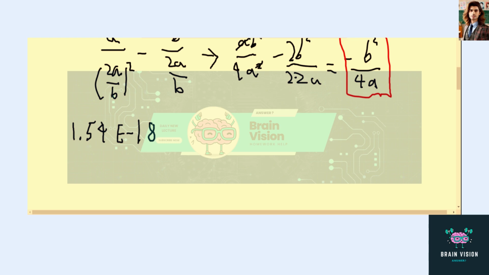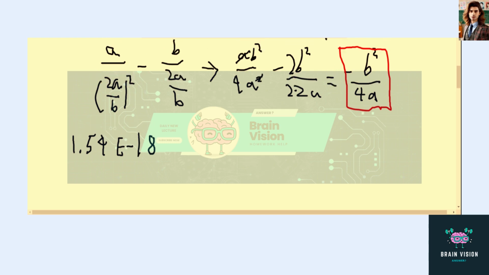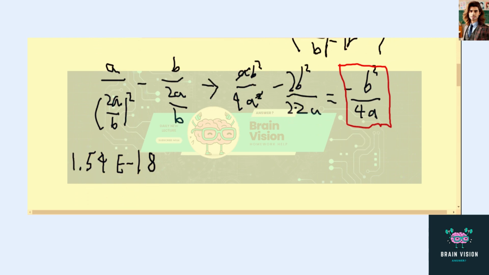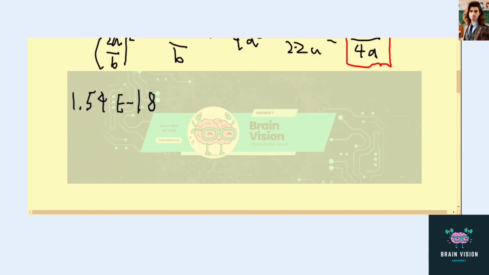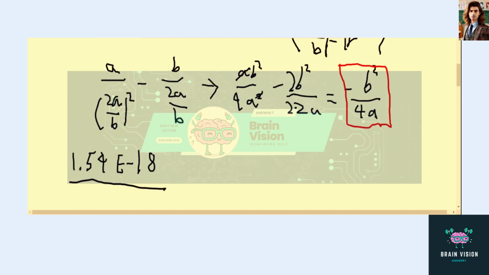So to prove our energy, we would have to use what we found earlier. If this is the energy that we need, we would have to plug it into our b squared over 4a equation. Or, oh wait, we have to find the equilibrium distance first. Oh, my bad.